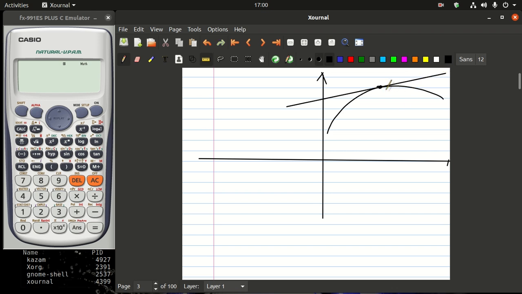Where this point here, I would say this point here down there, and then I know this point here. Okay, let me make this like this.